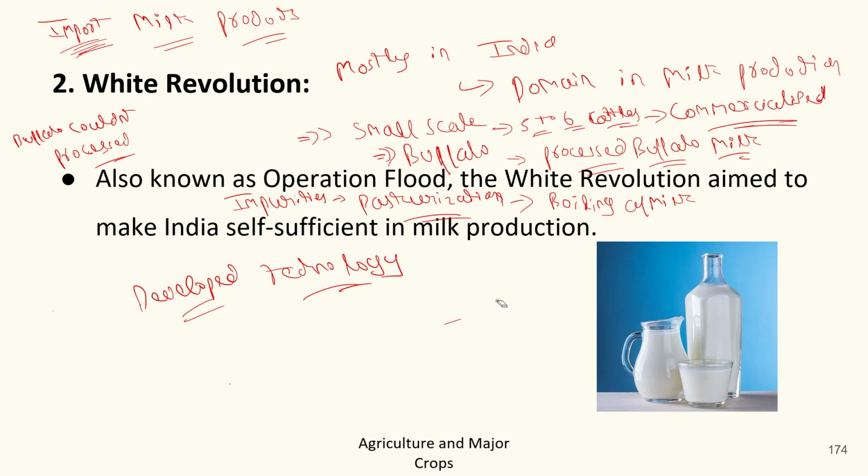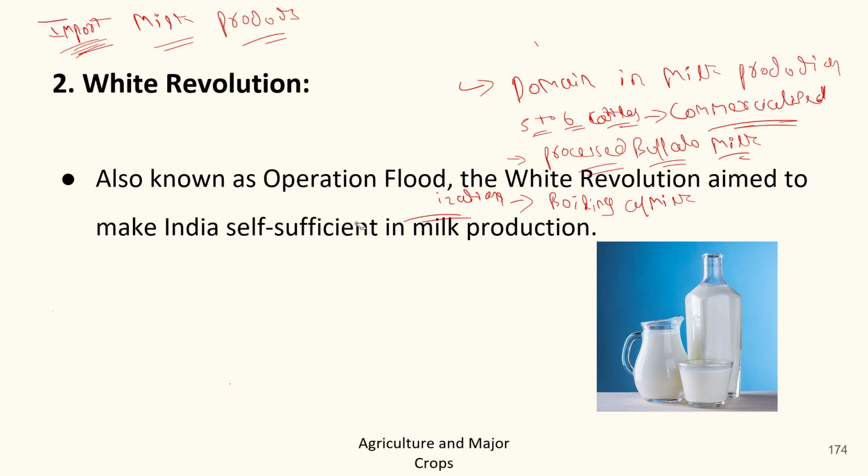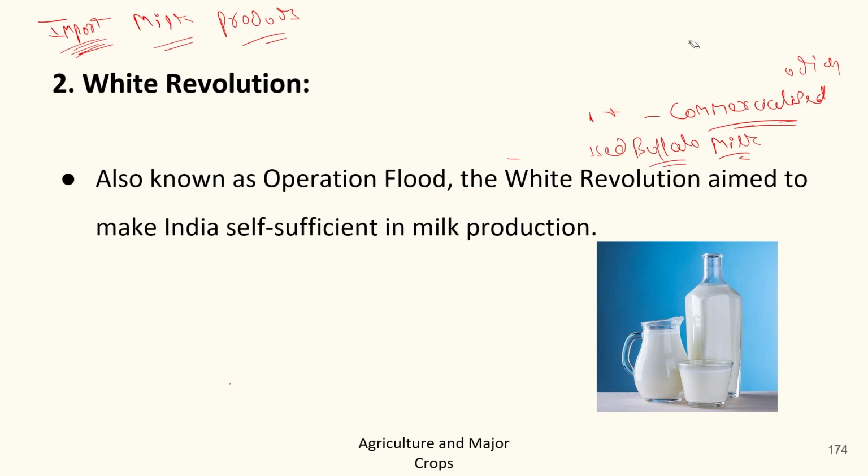Okay, second point, you must remember that due to Operation Flood or the White Revolution, India has now become the world's largest milk producer. Okay, so India is the world's largest milk producer in this term.